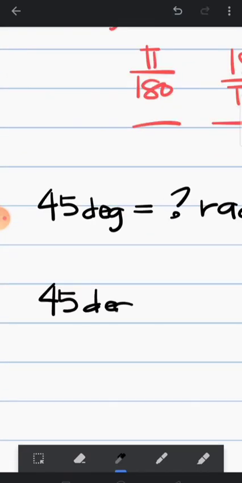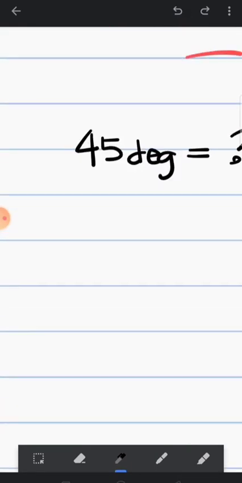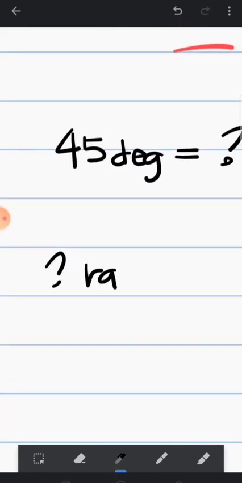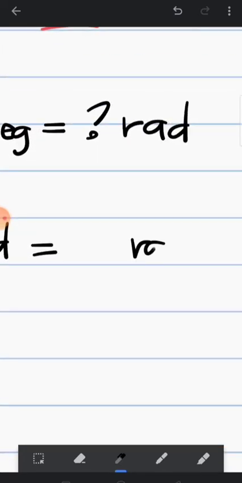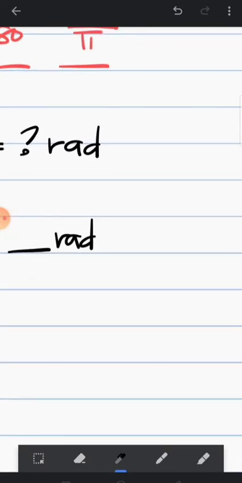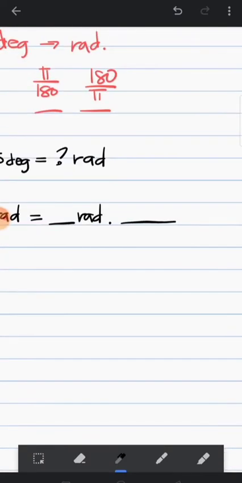45 degrees is equal to, just write what they are asking. So they're asking how many radians is 45 degrees. So write the unknown in radians, and then write it again, and then just find the number that can cancel out the unit.